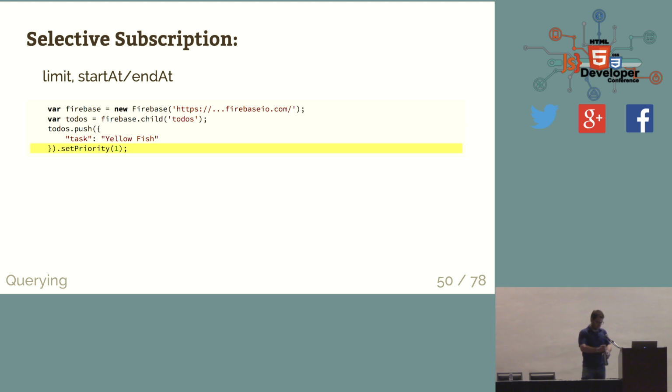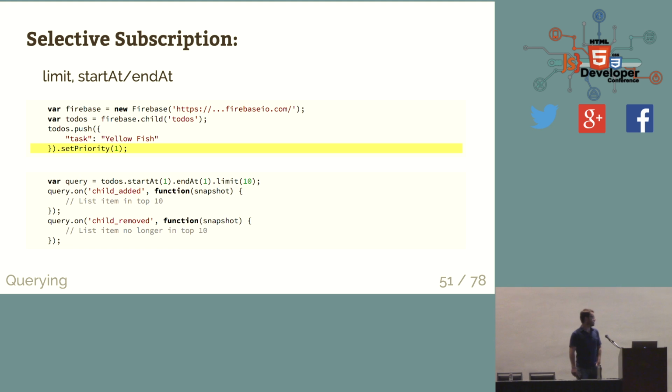So this has priority 1, and now when we want to go look for it, we can say we want all of the priorities that are between 1 and 1 inclusively, and let's only get 10 of them, and that creates this query object.